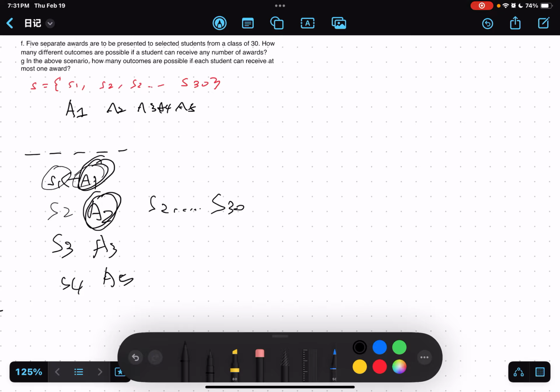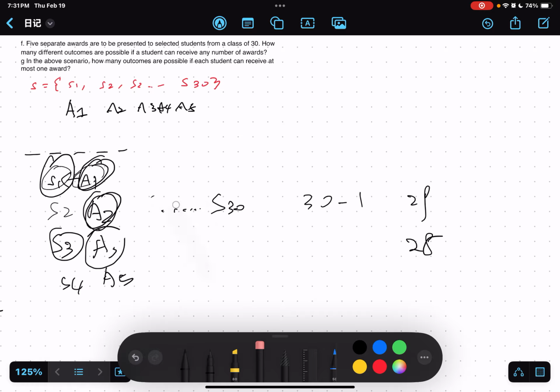So we need to subtract the option for student 1. So it should have 30 minus 1, 29 ways. And if we choose award 3, the number of ways to choose award 3 will be the remaining 28 ways.